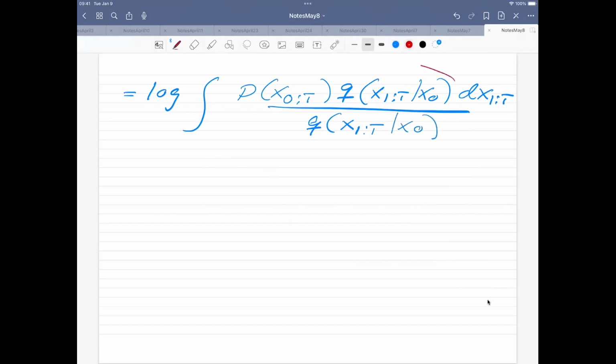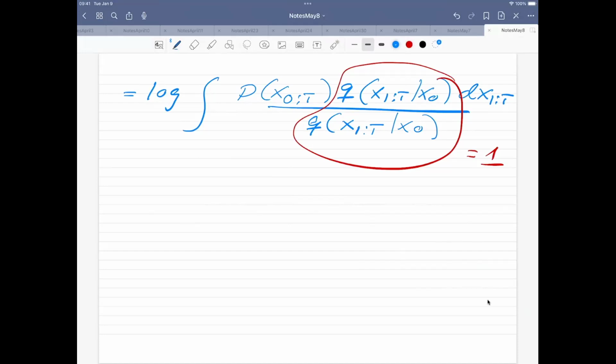The trick I did was simply to put in, this is equal to 1 in my integral. And we did that when we also looked at the calculation for the variational autoencoders. We just plugged in 1, which was just given by the ratio of the same probability.